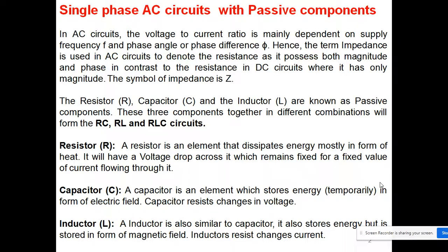It means it opposes instant change in voltage. And the inductor is similar to a capacitor, but it stores energy in the form of a magnetic field. Inductors oppose the instantaneous change in current.